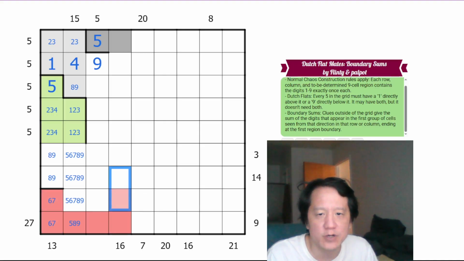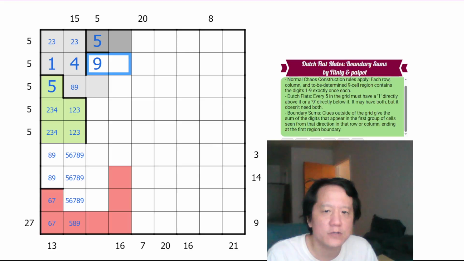So this must go up to here, at least. Oh, this is a boundary because that's 1 and 4, and then its boundary. So this is a separate region, so this has to go here. So I guess we'll make that pink.